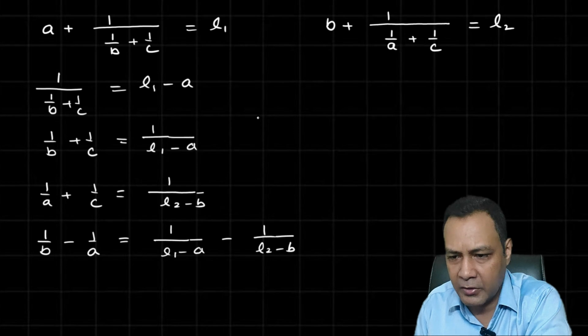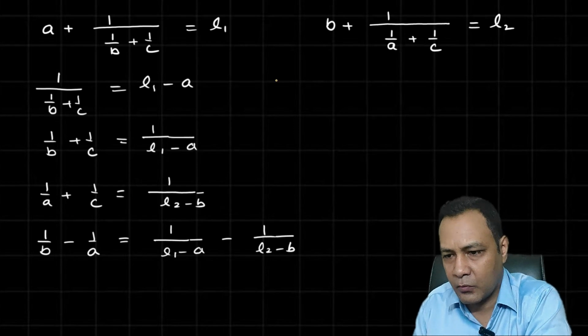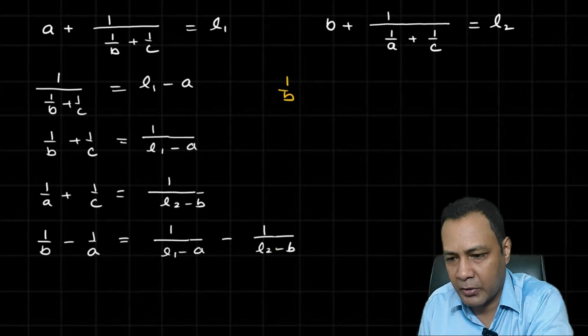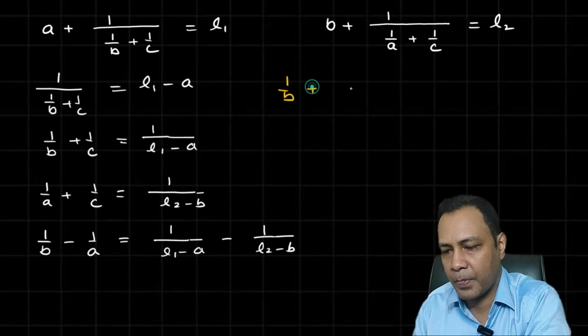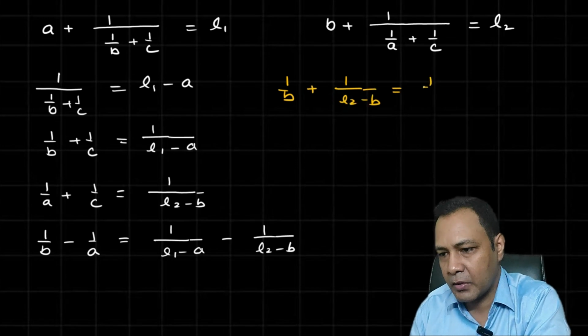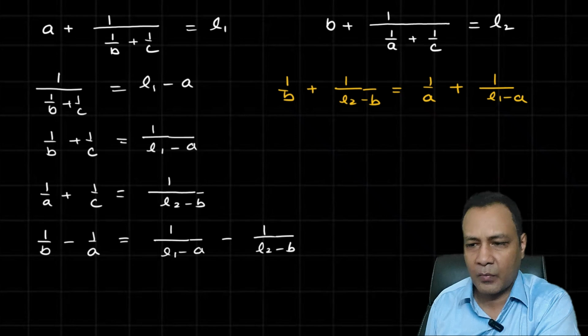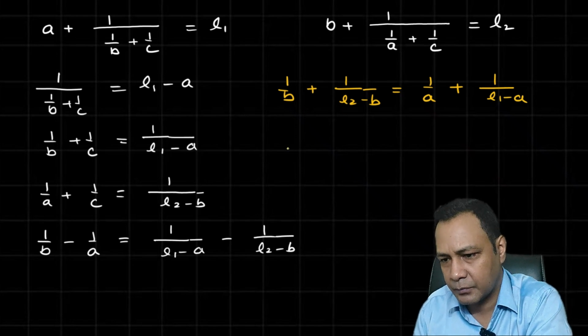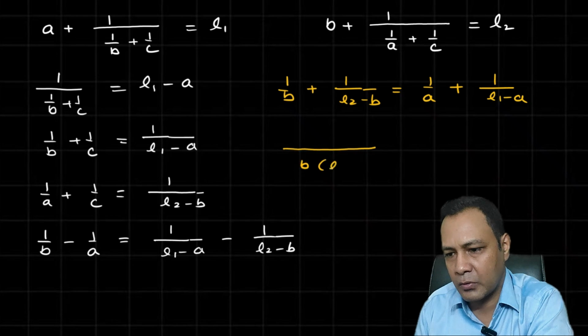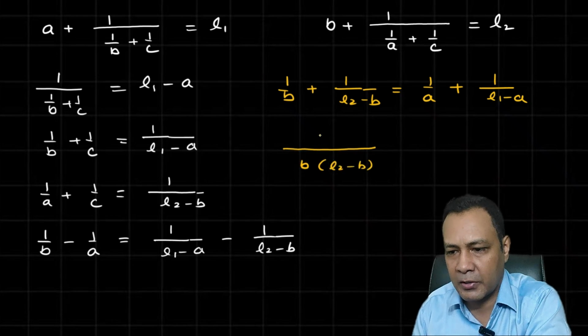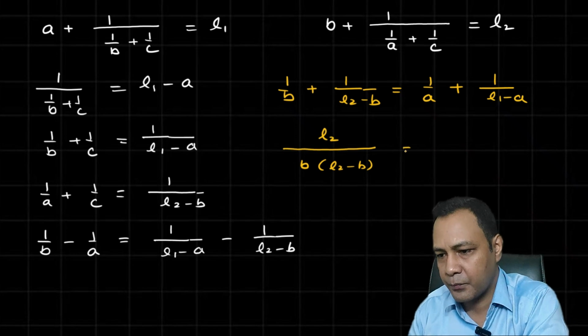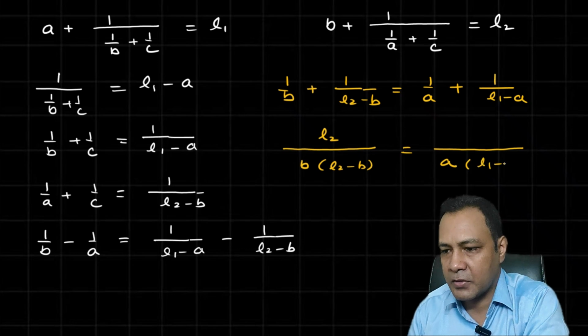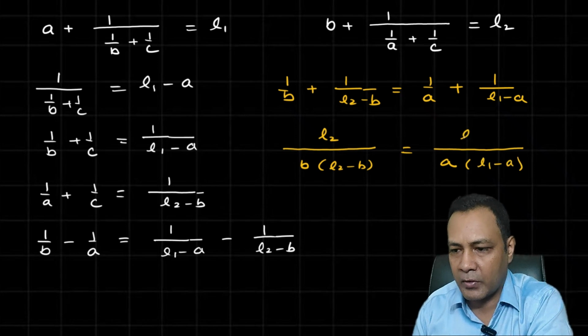Now again rearranging things. Taking terms to the other side, 1 by B plus 1 by L2 minus B is equal to 1 by A plus 1 upon L1 minus A. Take the LCM. On the left, B into L2 minus B, and in the numerator I get L2. On the right, the LCM of A and L1 minus A, and in the numerator I get only L1.